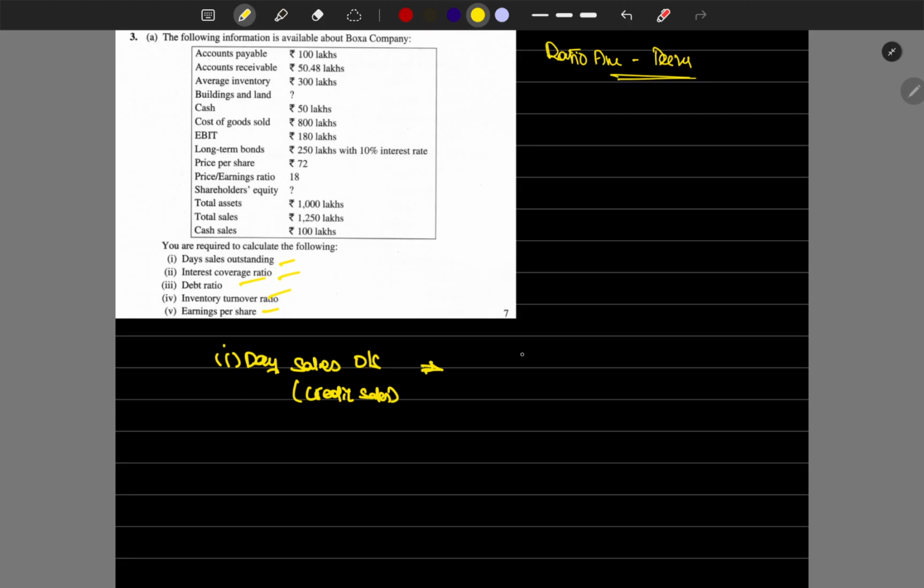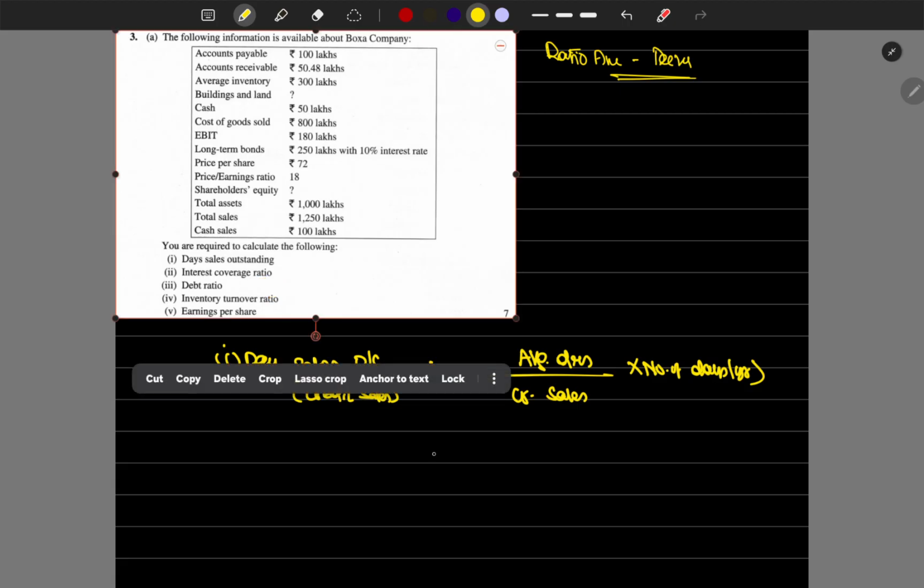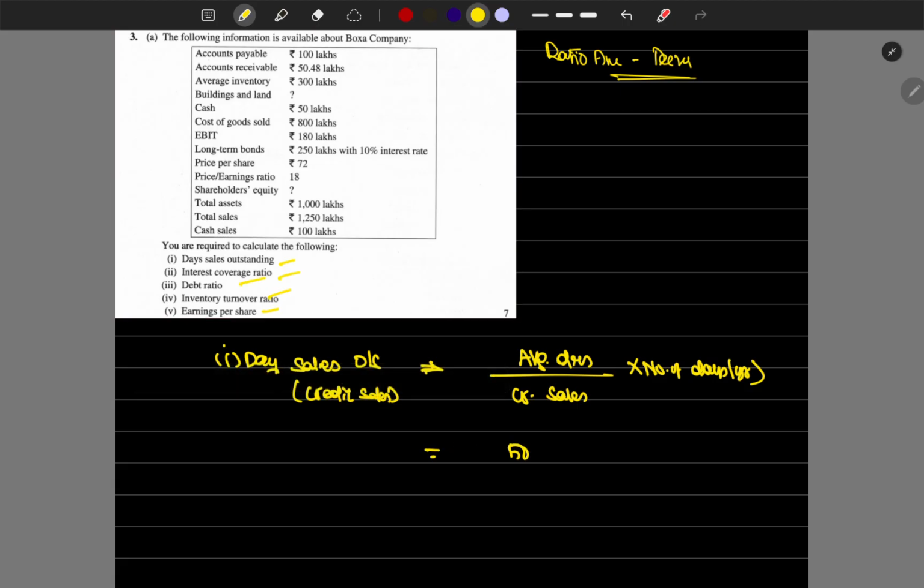The formula for this is average debtors divided by credit sales, into the number of days in a year. Average debtors is 50.48 lakhs, divided by credit sales, which is total sales minus cash sales.